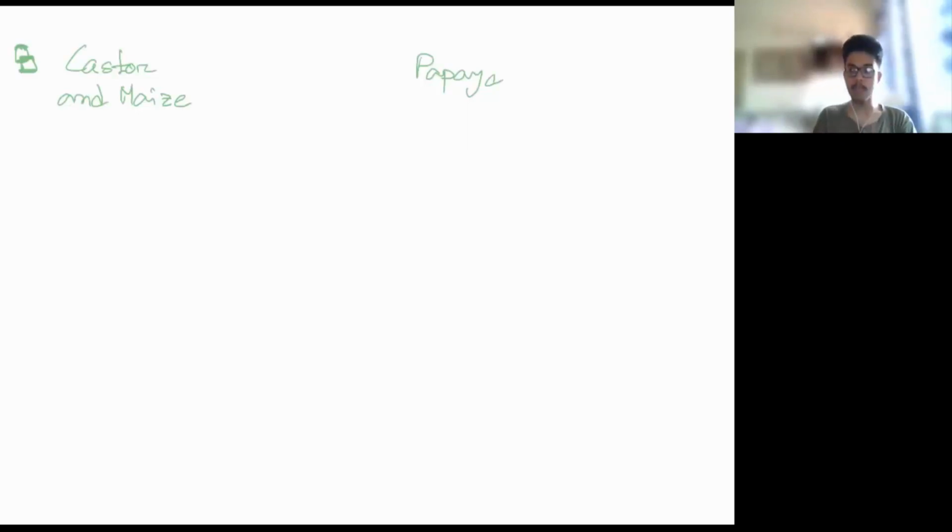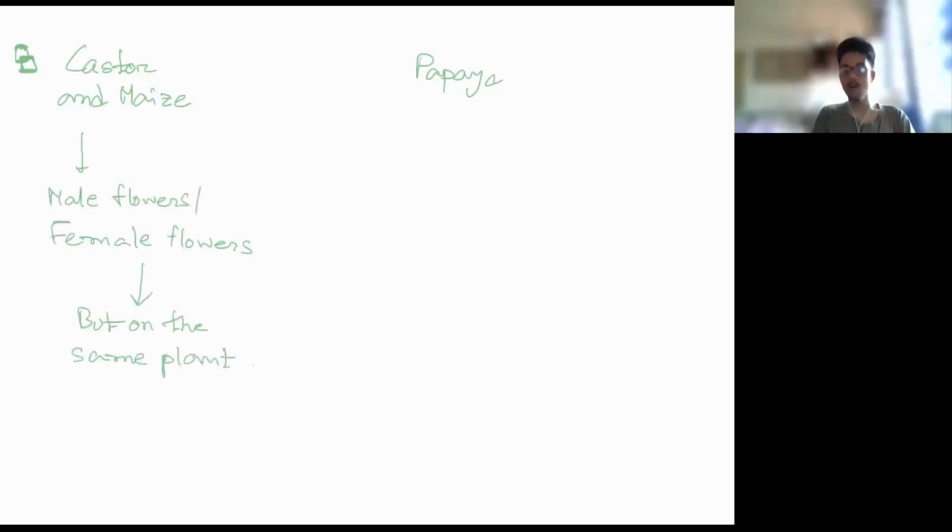So now, consider the case of castor and maize. It has male flowers or female flowers, but on the same plant. So what happens in castor and maize? It has either male flower or female flower, that means in terms of flowers, it is diclinous, so it produces unisexual flowers.